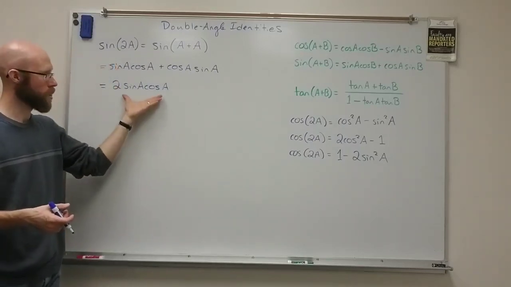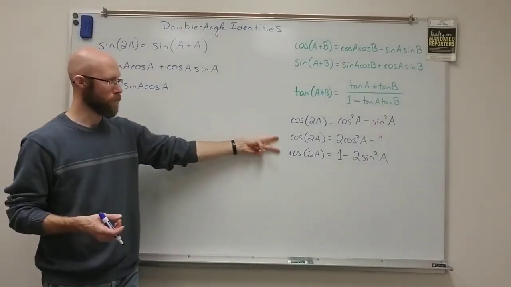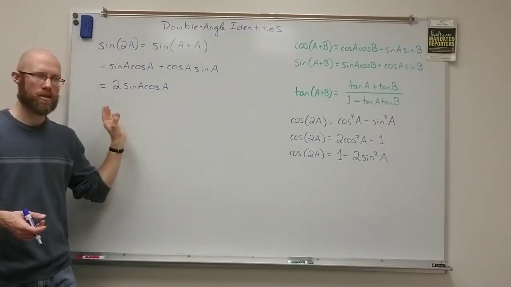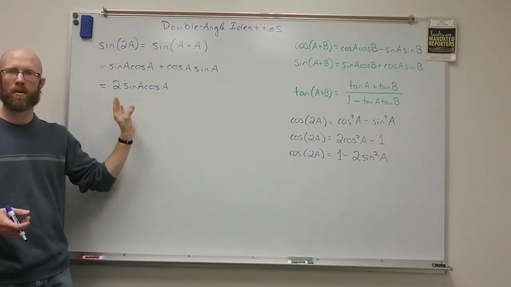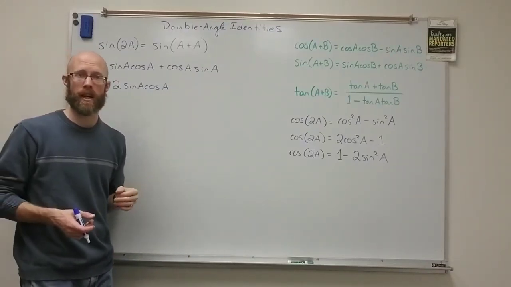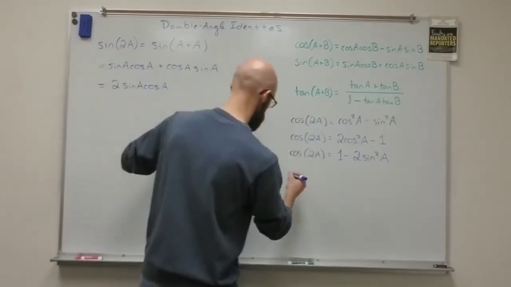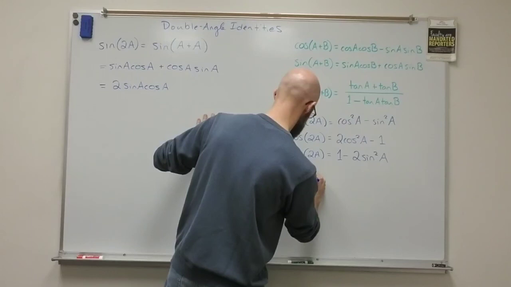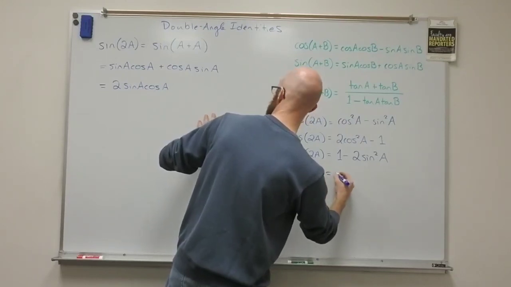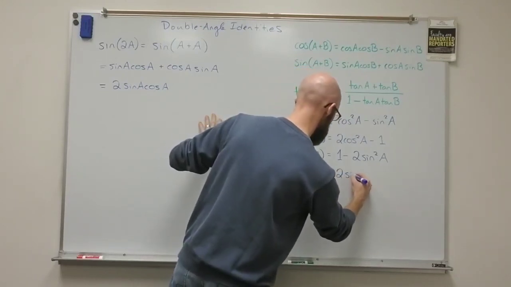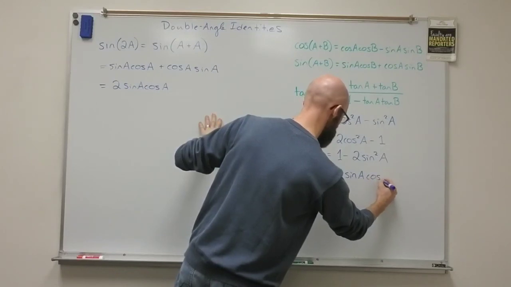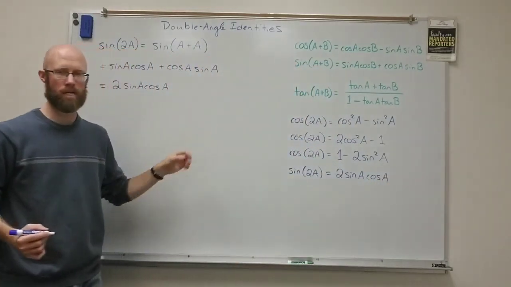So I can't really break it down into more identities because we don't have a way to incorporate the Pythagorean identity or really any other identity at this point. So the sine of 2a has only one formula, and that is 2 times the sine of a times the cosine of a.